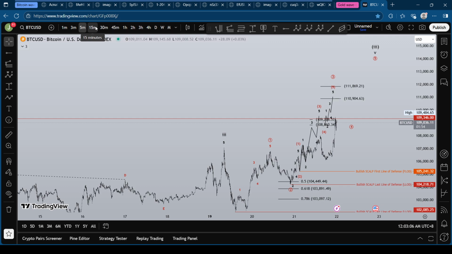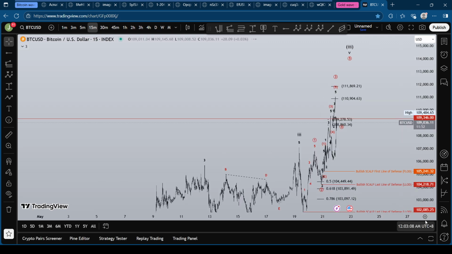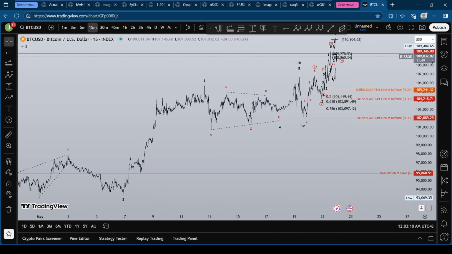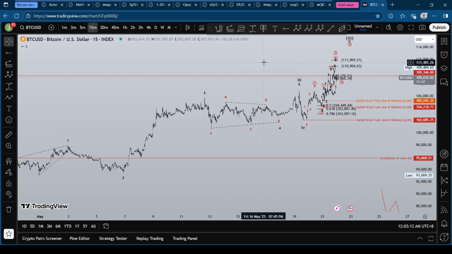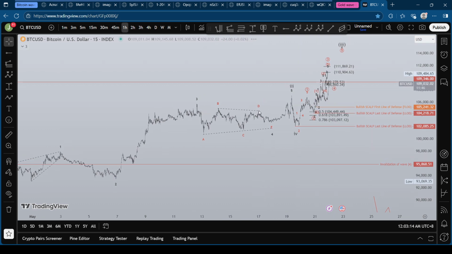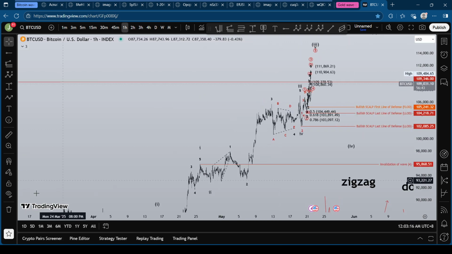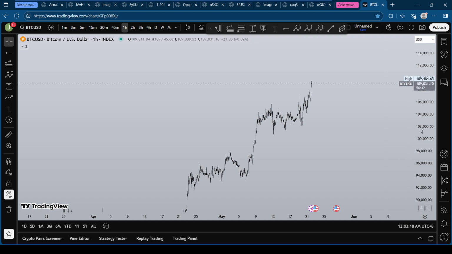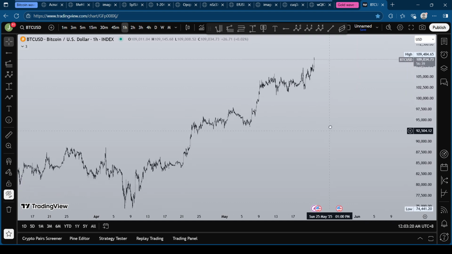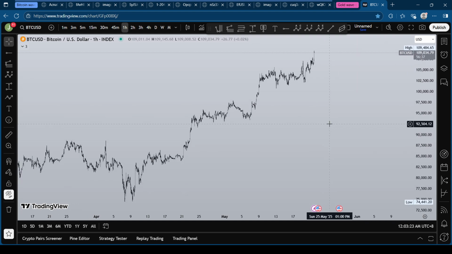So what does that mean? We will see more all-time highs from here. And if you're aware of the news, there are a lot of positive news in terms of crypto, specifically Bitcoin.